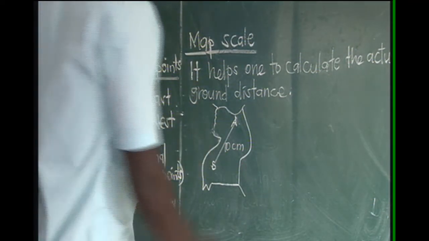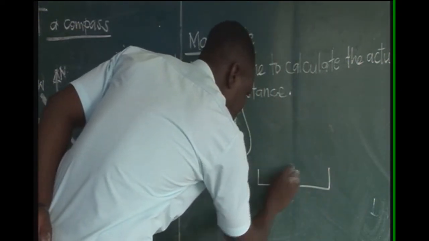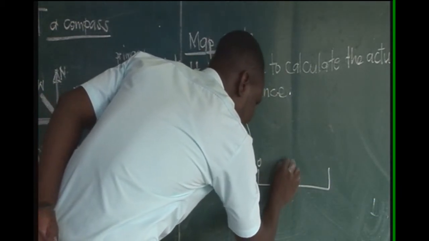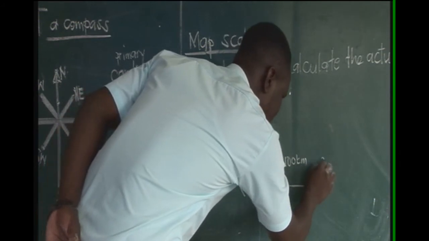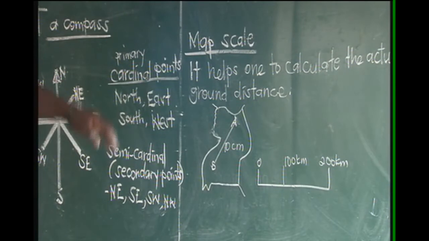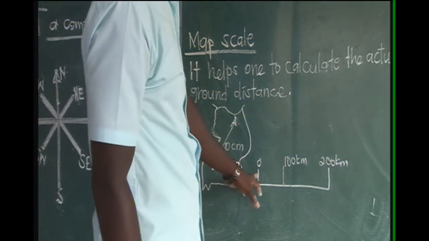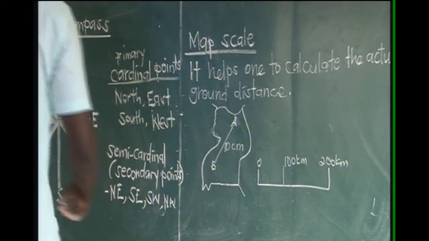The scale is given. They will give the scale like maybe 1 centimeter to 100 kilometers, which means according to how we read this scale, 1 centimeter representing 100 kilometers.